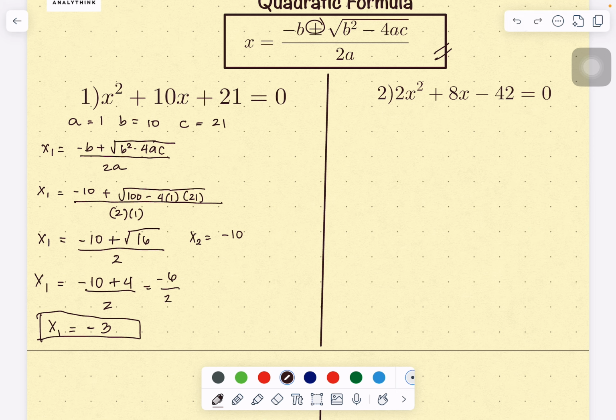But this time, I'm going to use minus. So x sub 2 here would be negative 10 minus 4 over 2. So x sub 2 is negative 14 divided by 2, or negative 7. So this is your answer.